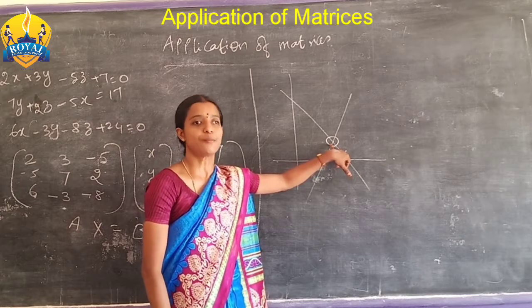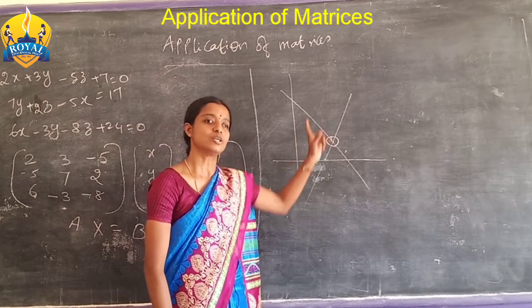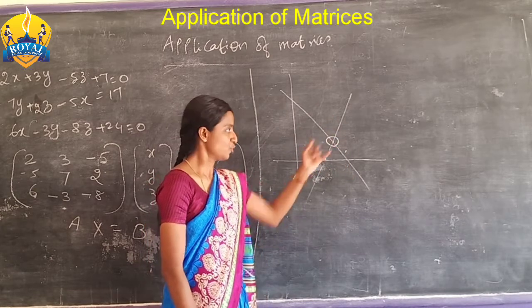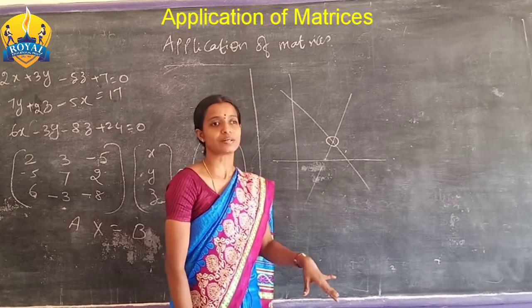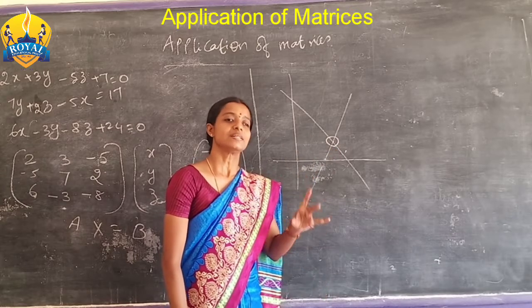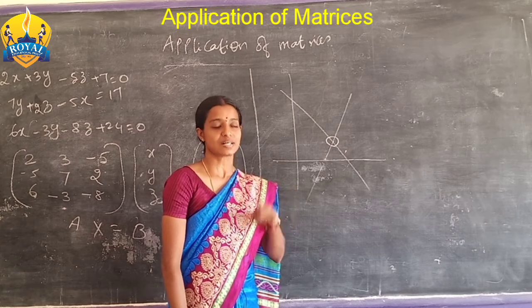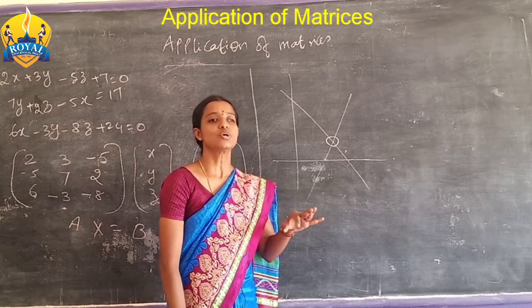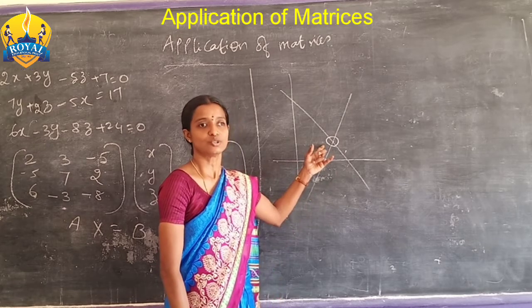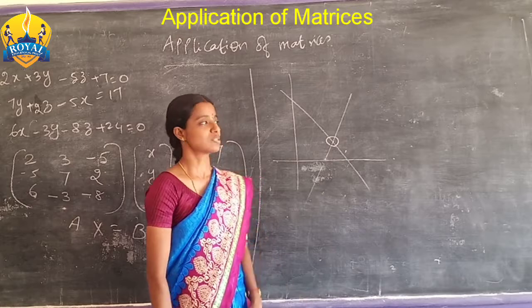We say this is the point of intersection and this is the solution for the given graph. If two lines intersect at a point, automatically that system is consistent and it is said to have a unique solution. You have only one solution for this.